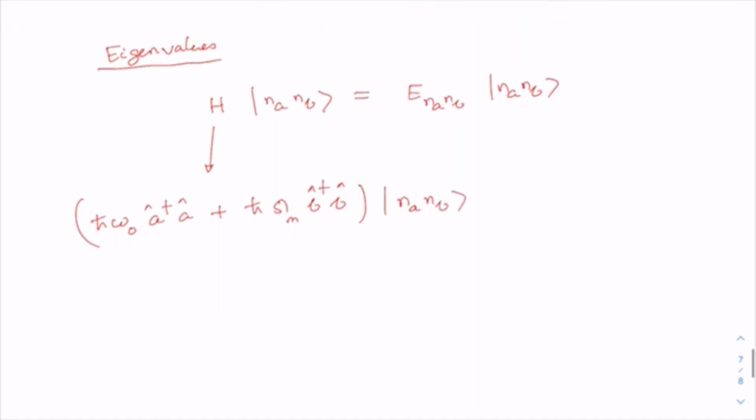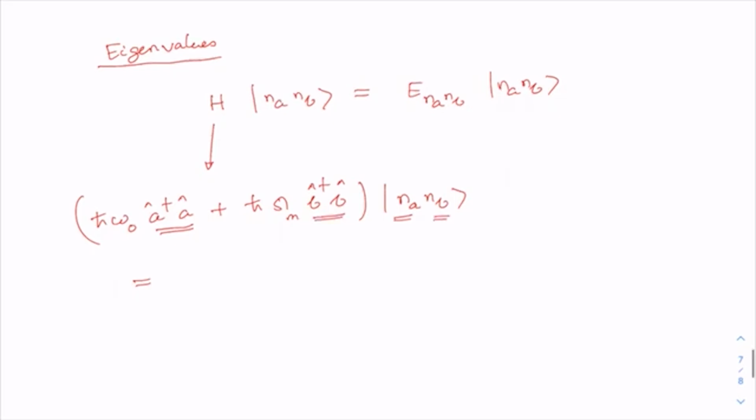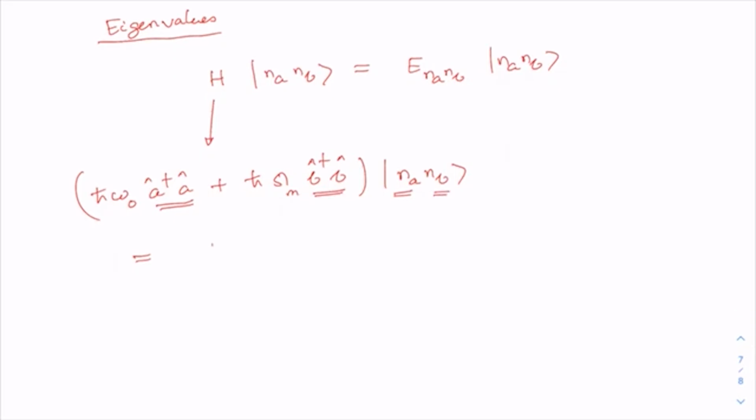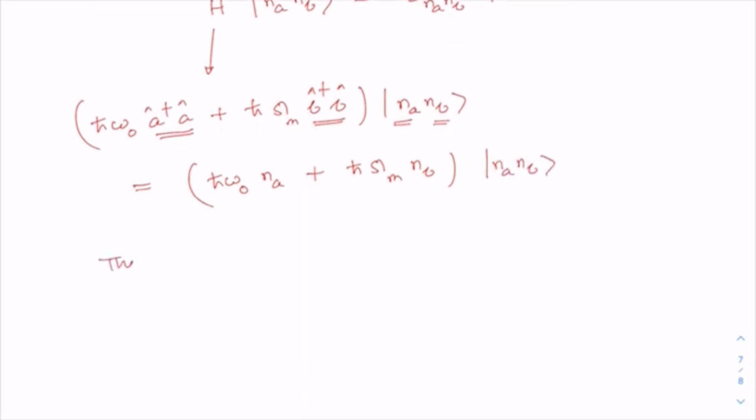Now a†a will operate on |n_a⟩, and b†b, the number operator, operates on |n_b⟩, so we will get ħω0 n_a plus ħω_m n_b times |n_a n_b⟩. Clearly, therefore, the eigenvalue E_{n_a n_b} is simply ħω0 n_a plus ħω_m n_b.